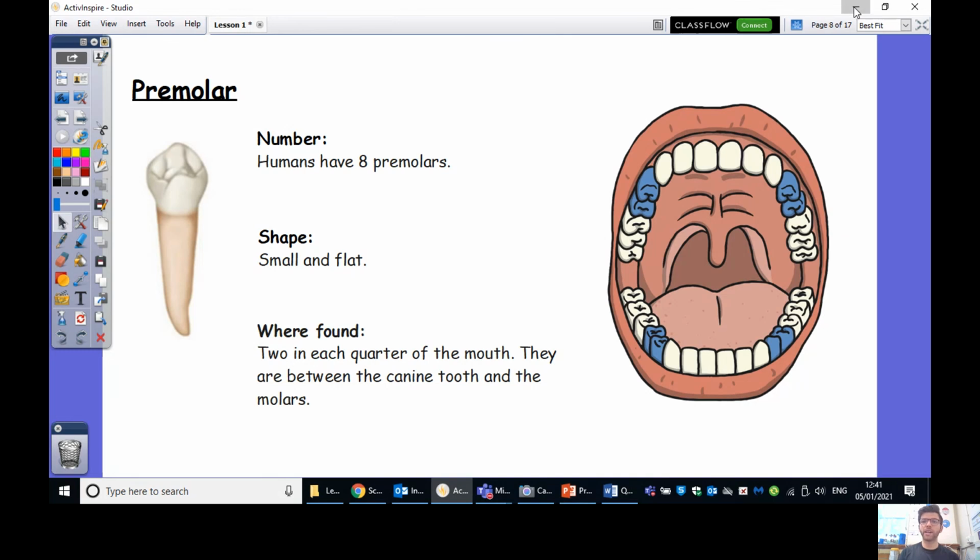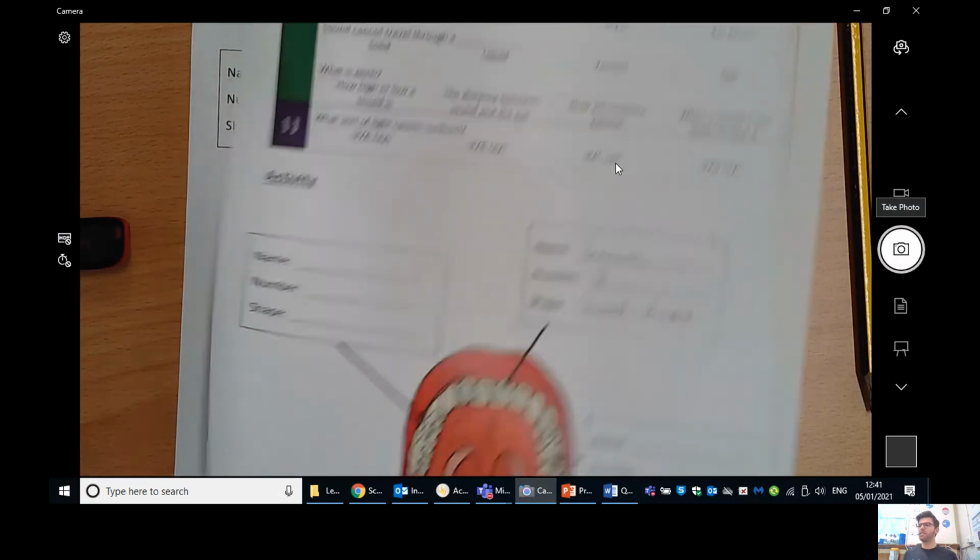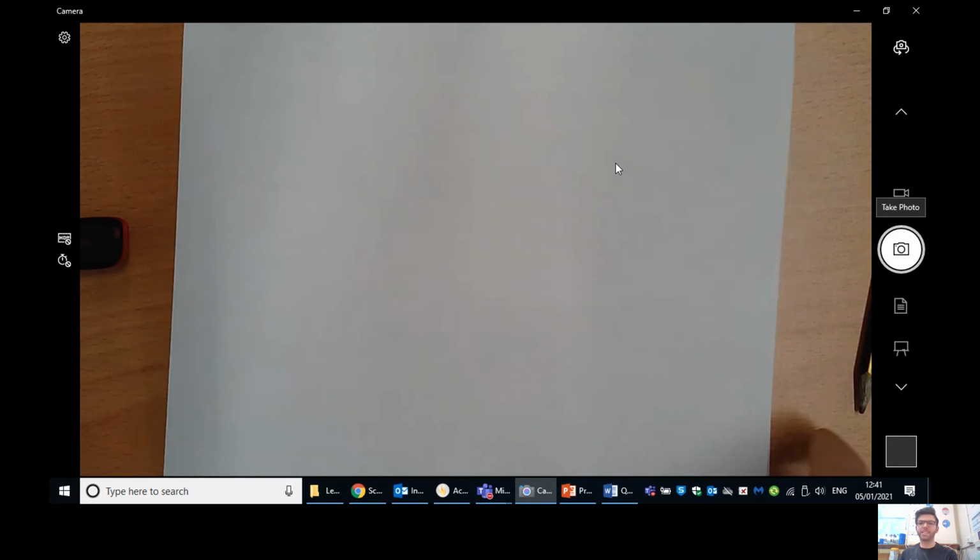So let's quickly go through. What was the name of the first tooth that we looked at? I'm going to turn that upside down just in case it gives you a chance to cheat. So what's the name of the first tooth that we looked at right at the front that we use for cutting with? 3, 2, 1, incisors. Then we have these pointy ones over here that we've got 4 of. 1, 2, 3, 4 in the corners. Thinking about dogs, what are they called? 3, 2, 1, canines.